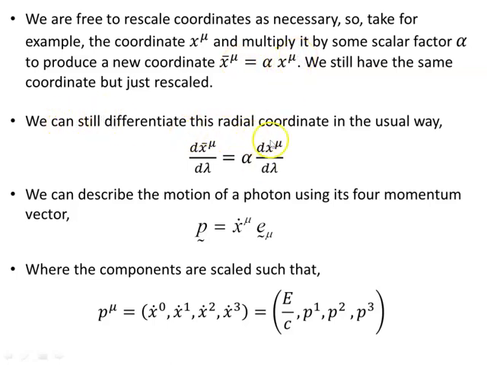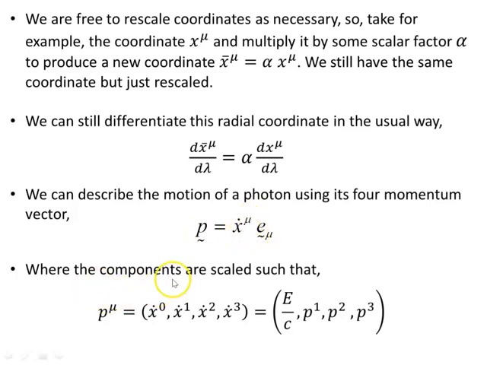Now we can still differentiate this radial coordinate in the usual way. dx bar mu d lambda is alpha times dx mu d lambda. That doesn't change. We can describe the motion of a photon using its four-momentum vector, P is x dot mu e mu, because what we're going to do is rescale the x mu and its derivative as well, so that we can parameterize the momentum four-vector for a photon or other massless particle in terms of the derivatives of its coordinates.